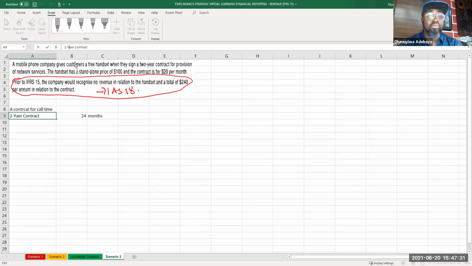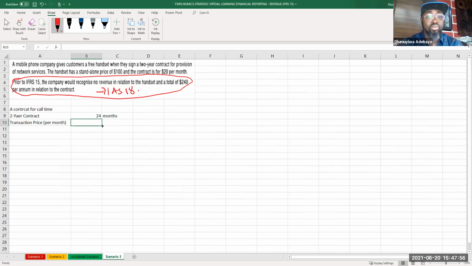Okay. What other information do we have? We have the transaction price, being the transaction price per month. Is how much? $20.